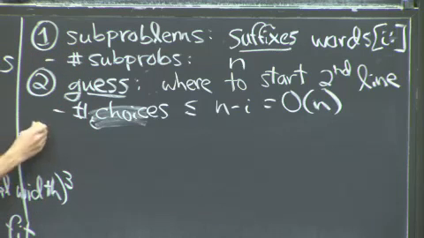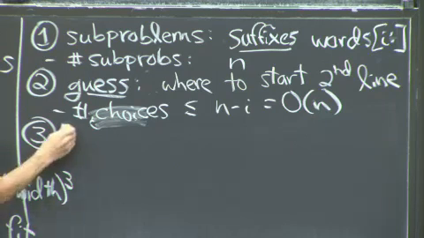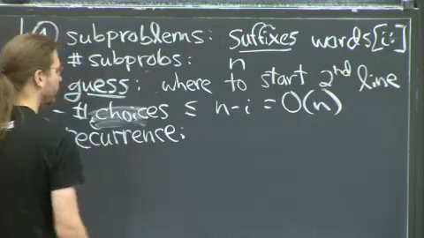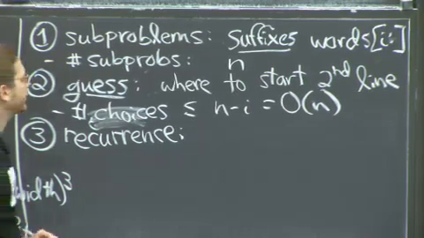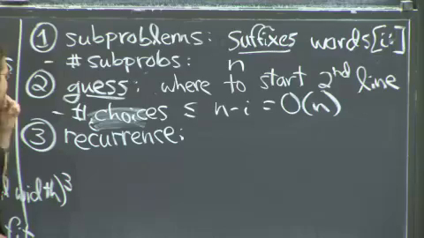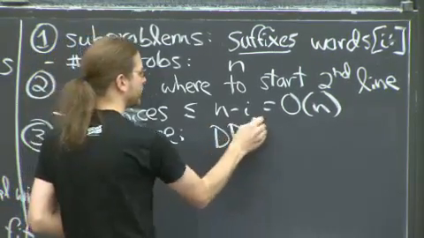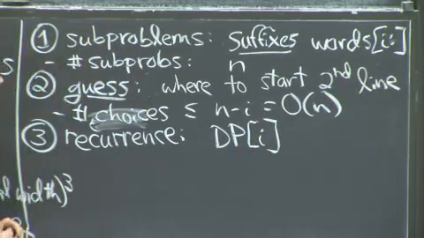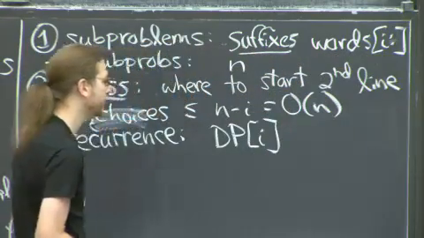It won't matter. The third part is we need a recurrence relation. I claim this is very easy. I didn't give this problem a name, so I'm just going to write it as dp of I. This is going to be the solution to that suffix, words from I onward.